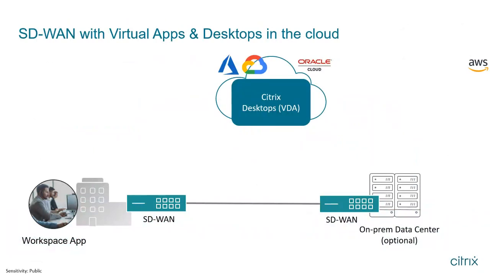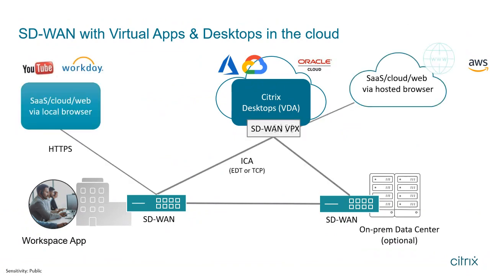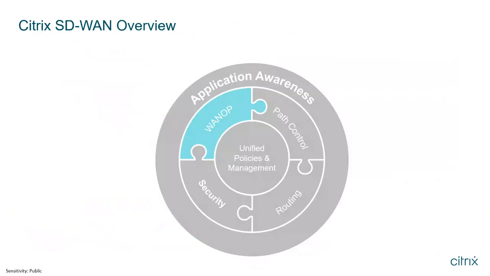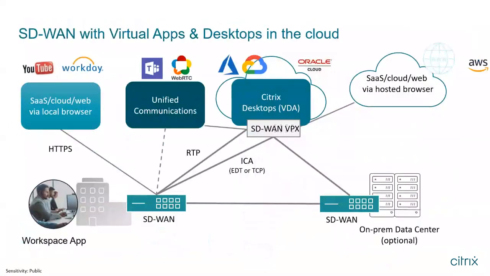So we're actually able to deploy SD-WAN with virtual apps and desktops in the cloud as well. So as we add in a VPX at that branch, we are able to really understand that traffic and start to break it out.